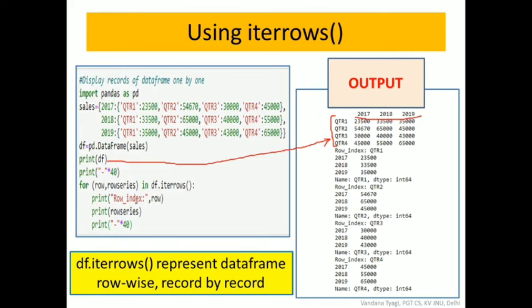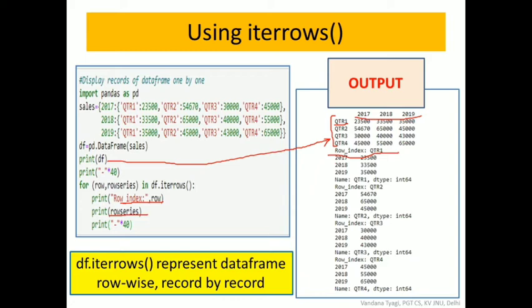The first time, my row index is quarter 1. You will see here the row index is quarter 1. Then it displays the row series, which means all the data under quarter 1, that is the year 2017 data, 18 data, 19 data.